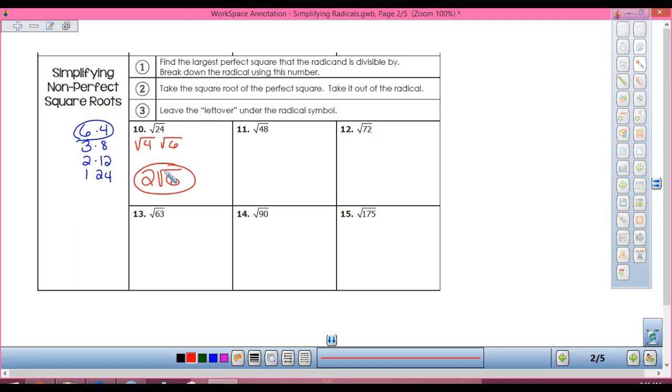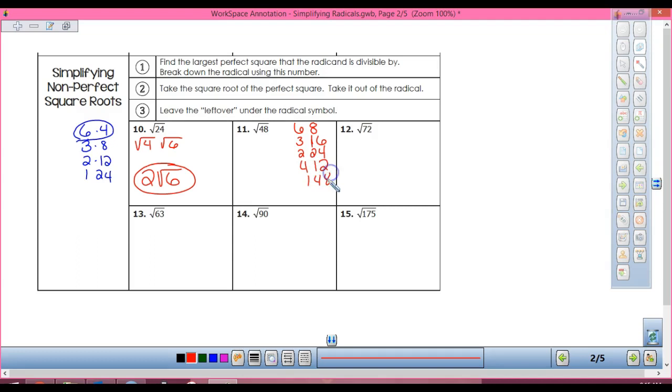Okay? So sometimes you're going to have numbers that have more than one perfect square. You always want to pick your biggest perfect square. So with 48, give me my factors of 48. 6 and 8, 3 and 16, 2 and 24, 4 and 12, 1 and 48.